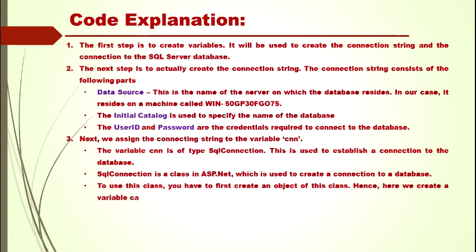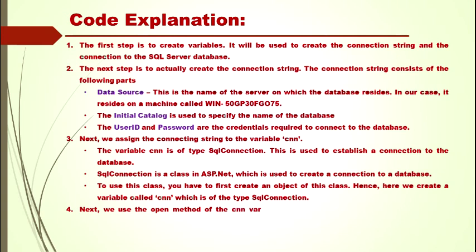Hence, here we create a variable called cnn, which is of the type SqlConnection. Next, we use the Open method of the cnn variable to open a connection to the database.